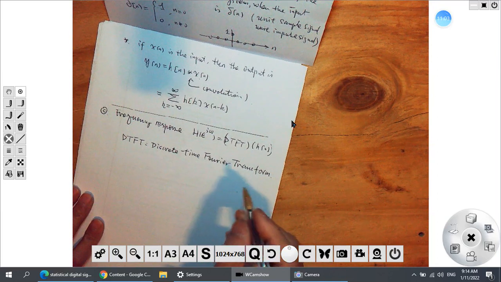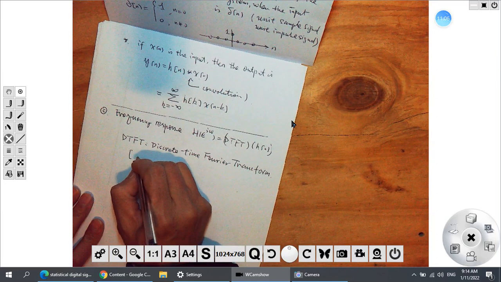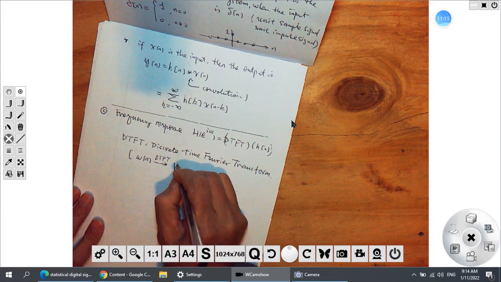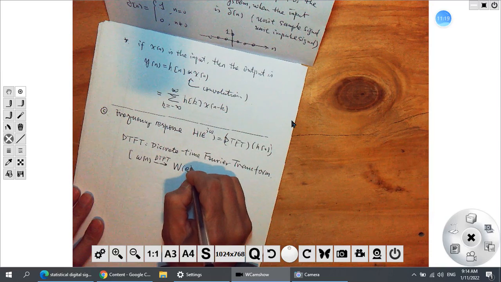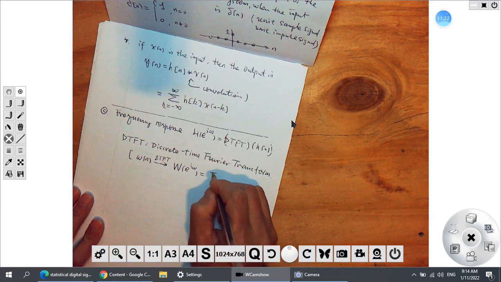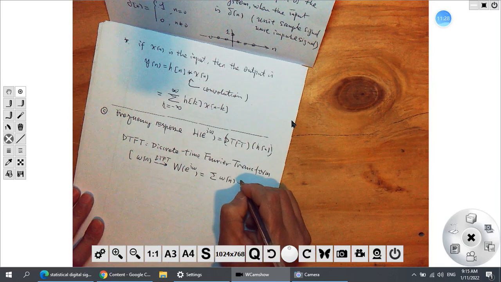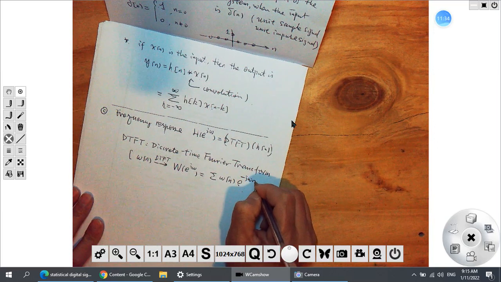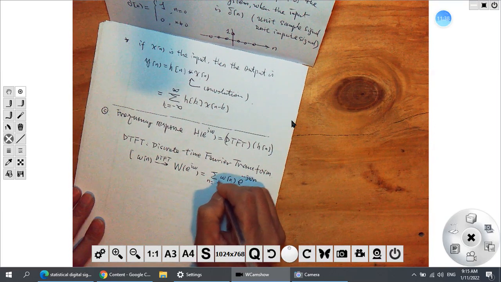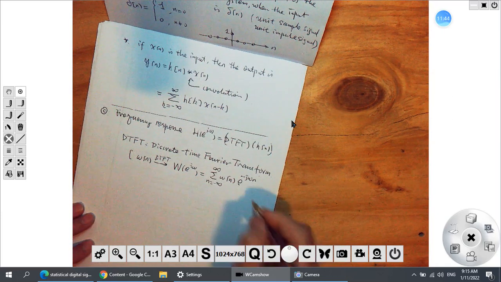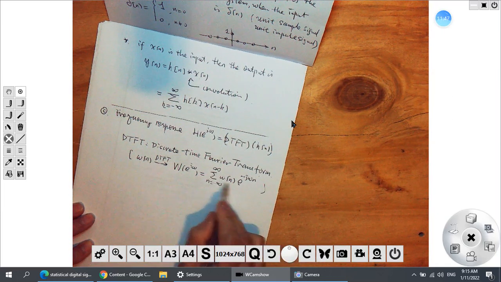The definition is like this. For any signal, say omega of n, by DTFT we get capital Omega of e to the j omega, which is a summation of all the omega of n, each one times the exponential e to the negative j omega n, where n runs from negative to positive infinity. So by definition you can calculate the DTFT this way.